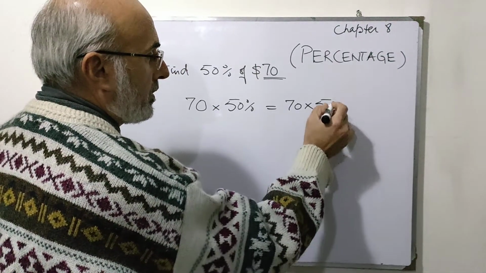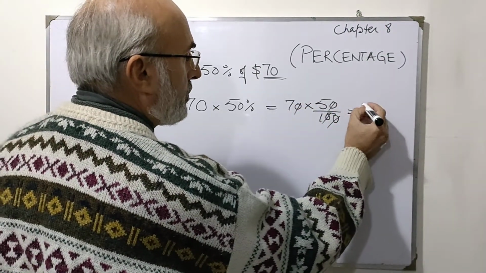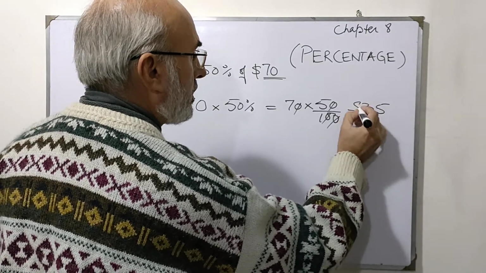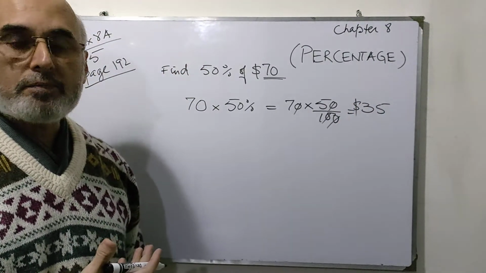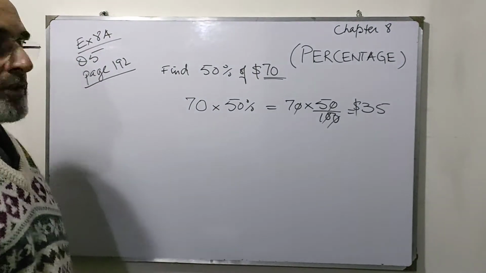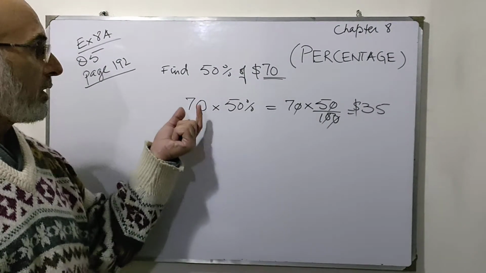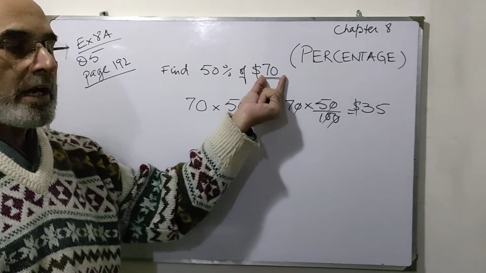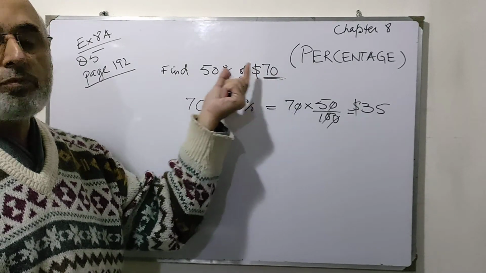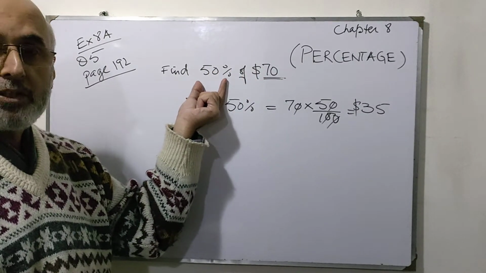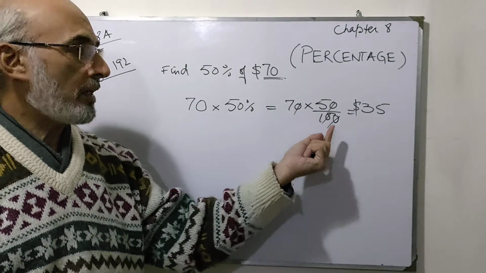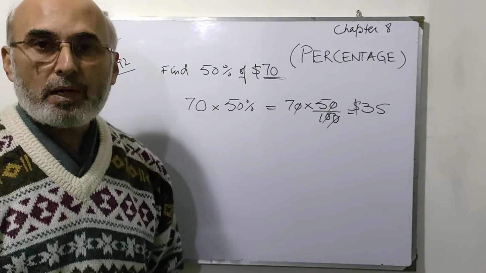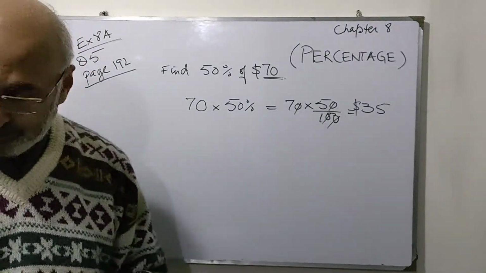So zeros are cancelled out, and what is it? We have $35. So 50% of $70 is 35. It's very easy and convenient to find. So what we did, we multiplied the given value with the required percentage, and to remove the percent sign, we divide by 100 and we got our desired value. Okay, let's take another example.